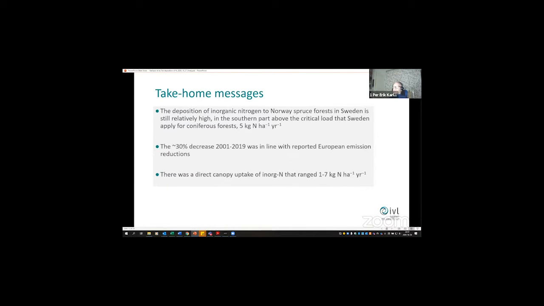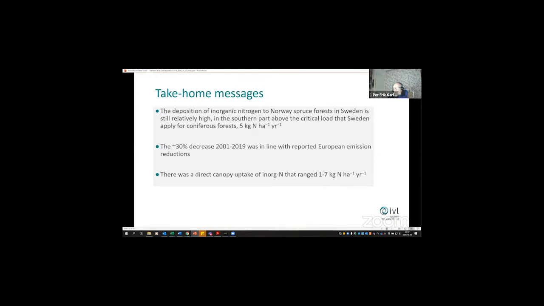So the take-home messages then will be that we have a total deposition of inorganic nitrogen to Norway spruce forests that is relatively high in the south, and we apply a critical load for nitrogen deposition to coniferous forest in Sweden of 5 kilograms per hectare per year, and that is exceeded in the southern part of Sweden still.